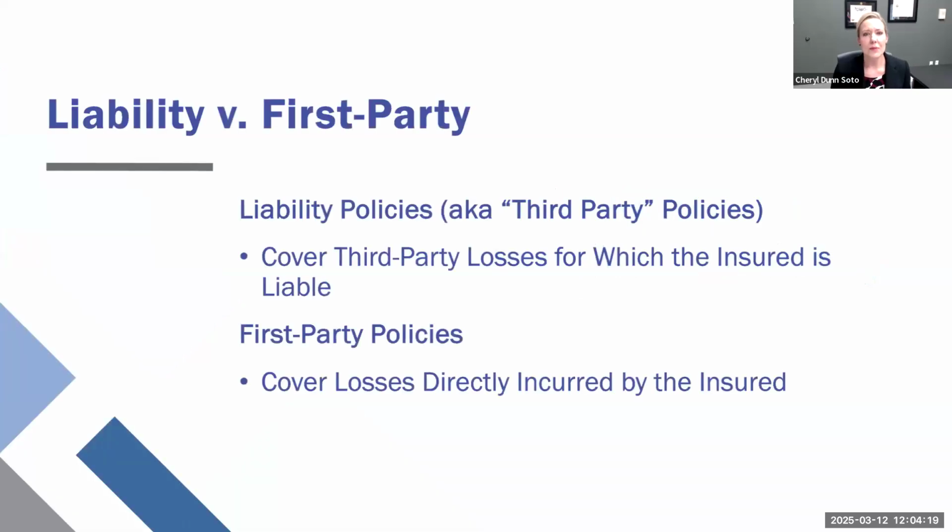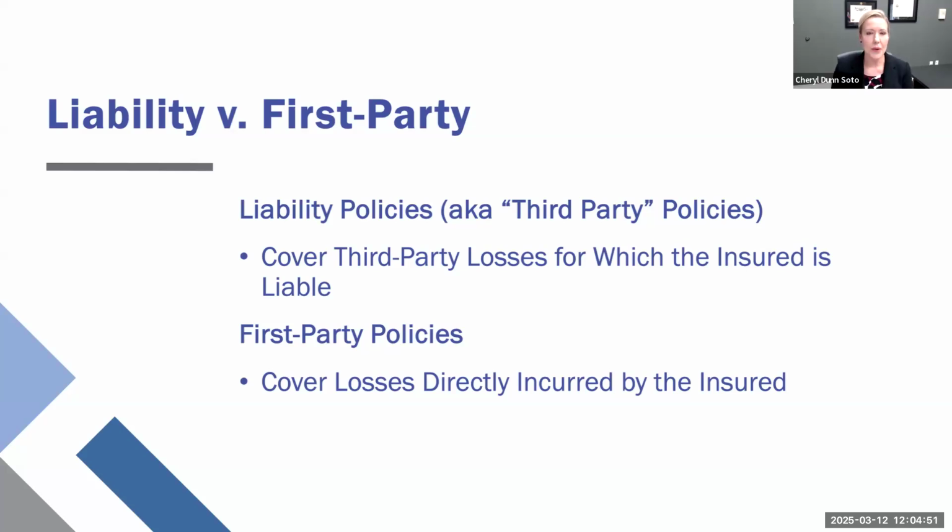So the first concept is, what is a liability policy? These are also often referred to as third-party policies, and these are policies that cover your company when it's being held liable for loss or damage to a third party. So examples of these policies are commercial general liability policies, directors and officers, errors and omissions, employment practices liability policies, and also certain aspects of a cyber policy.